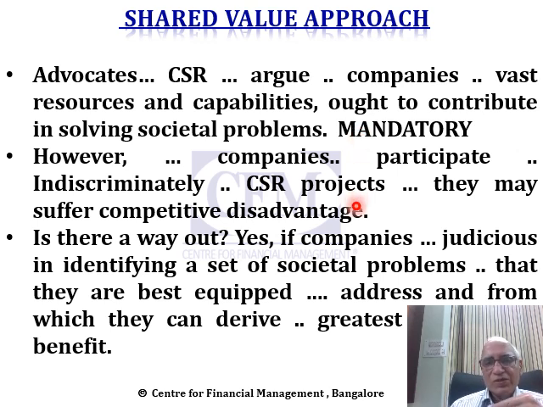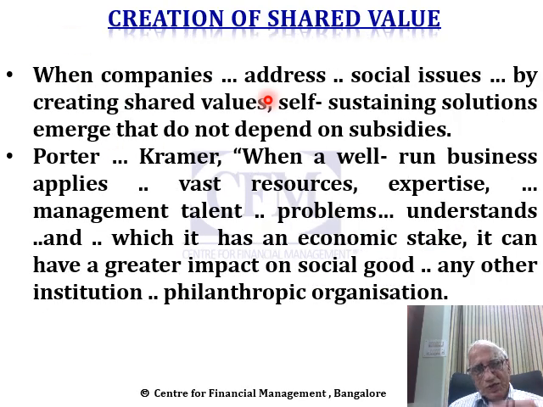Is there a way out? Yes, if companies are judicious in identifying societal problems that they are best equipped to address and from which they derive greatest economic benefit. When companies address social issues by creating shared values, self-sustaining solutions emerge that do not depend on subsidies.